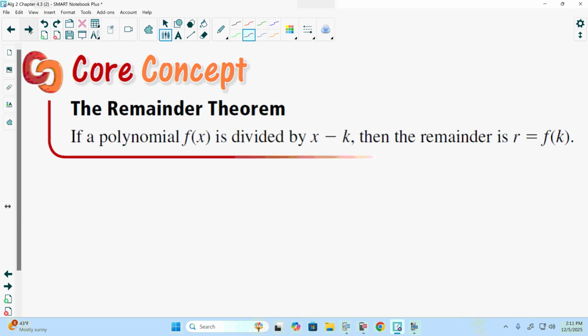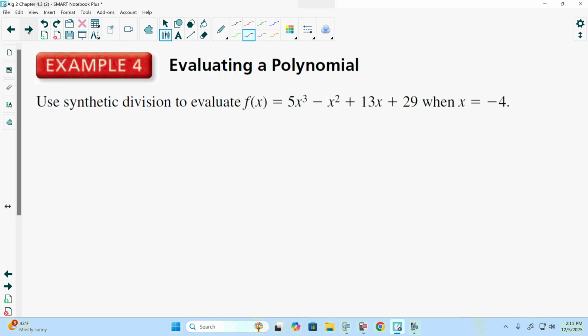We're going to come back to this one, but I want to skip ahead to this problem here, evaluating a polynomial. So we want to use synthetic division to evaluate this polynomial when x is equal to -4. So really what this is telling us to do is use synthetic division with -4.